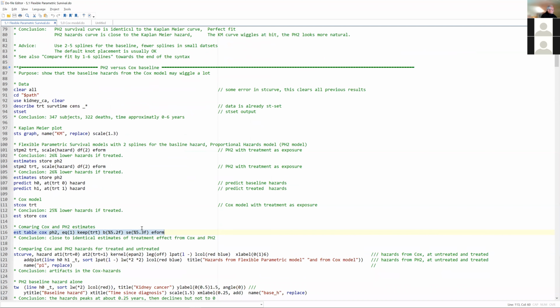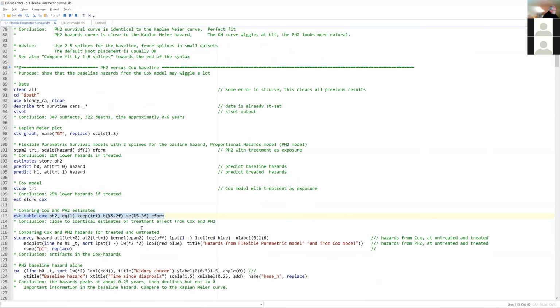Now let's take a look at the hazards for the treated and the untreated. So we do an stcurve. That means we are predicting from the Cox model. We're asking for hazards, and we'd like to compare the hazards at treated 0 and treated 1.